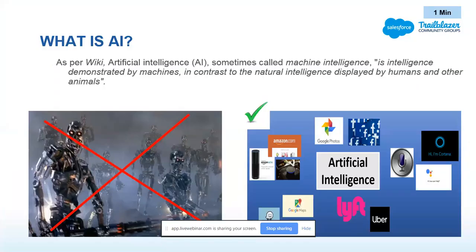So what is machine learning? How did machine learning start, or what is artificial intelligence? As per the standard definition, coming from Wiki, artificial intelligence is intelligence demonstrated by machines in contrast to the natural intelligence displayed by humans and other animals. What does it mean? For most of us, the first introduction to artificial intelligence was via Hollywood movies.